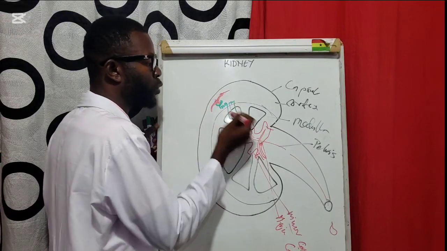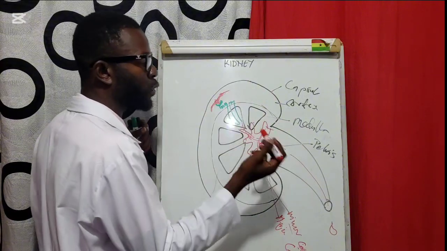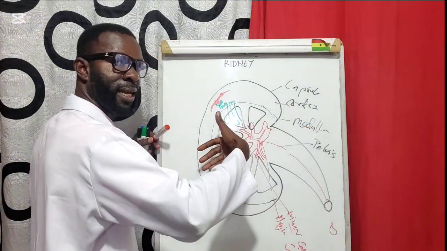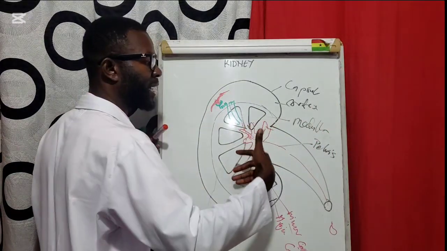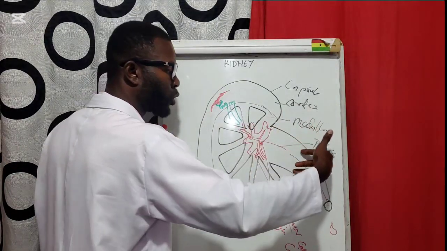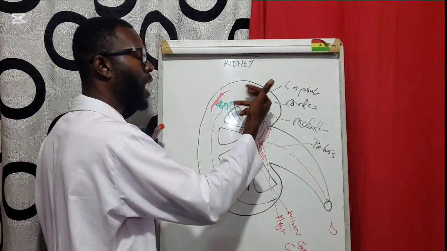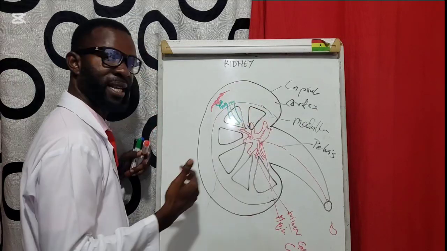And then we look at what is really going on inside the nephron. And before then, we have to also look at how the blood is coming into the kidney, through what? Through the arteries. It goes through the interlobar to interlobular, and then to afferent, arcuate arteries. We will check all those things in our next video.